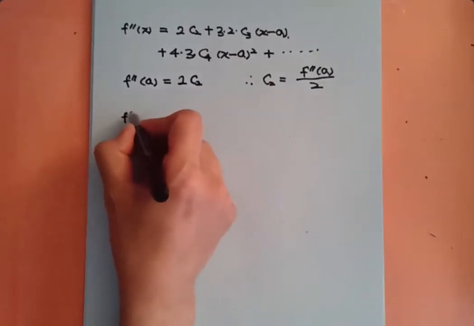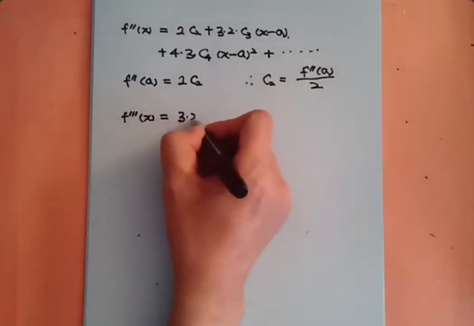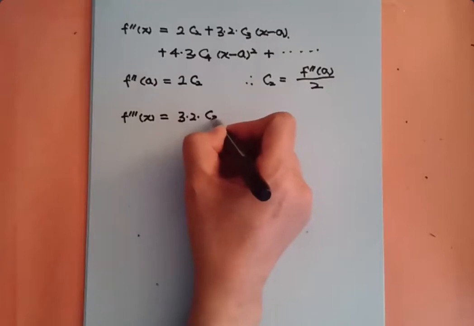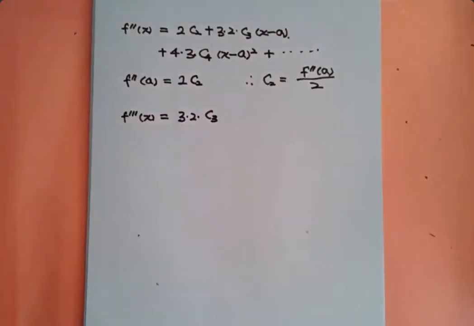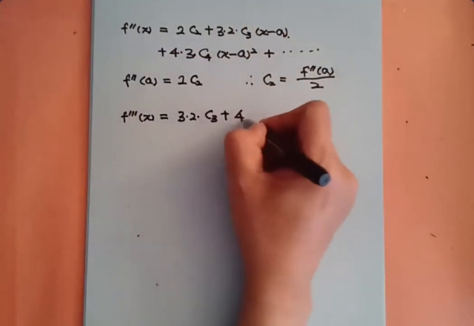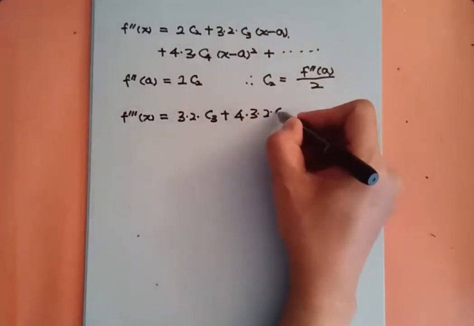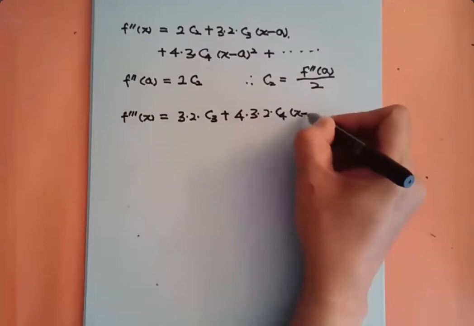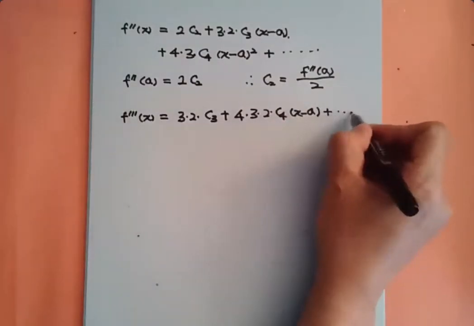And then f triple prime of x equals 3 times 2 times C3, and this one will vanish, plus 4 times 3 times, we just bring down 2 times C4 times (x minus A), and so on.